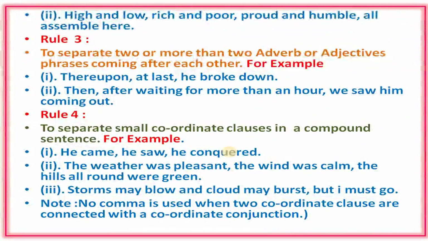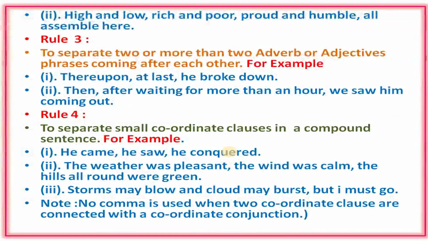Rule number 4: To separate small coordinate clauses in a compound sentence, we can also use the comma. First example: he came, he saw, he conquered. Second: the weather was pleasant, the wind was calm, the hills all around were green.